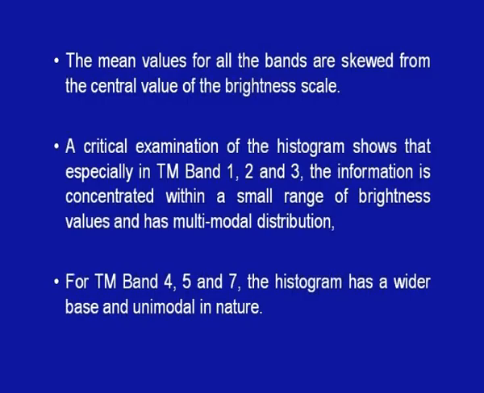The mean values of all the bands are skewed from the central value of the brightness scale. A critical examination of the histogram shows that especially in TM bands 1, 2 and 3, the information is concentrated within a small range of the brightness values and has a multimodal distribution. For TM bands 4, 5 and 7, the histogram has a wider base and is unimodal in nature.